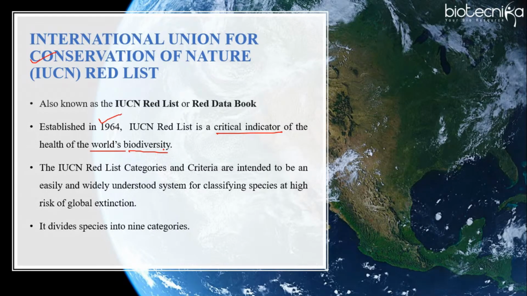The intention of these Red List categories and criteria is to make a very easy and widely understood system for classifying species which are at risk of global extinction. As I mentioned, the names like data deficient, endangered, extinct in the wild, these are all the categories.